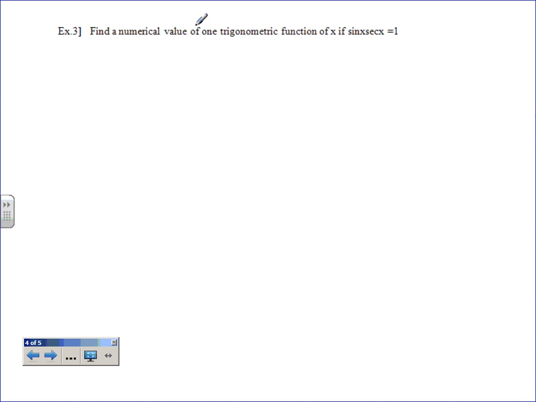So I've got sine of x. So what do you want to do? Yeah, how are we going to get rid of secant? Yeah, make it 1 over cosine. That sounds like a good idea. Because you need to have a number in there. That 1 pretty much has to stay. I can't really mess with that, because it says a numerical value and one trig function.